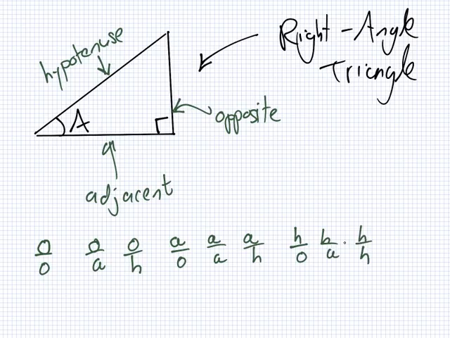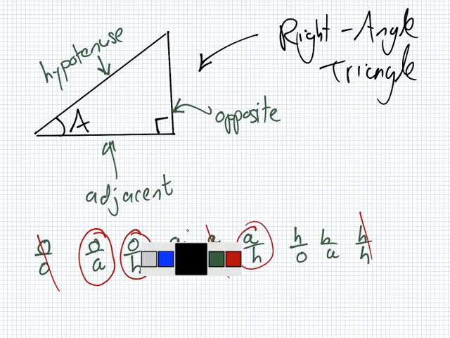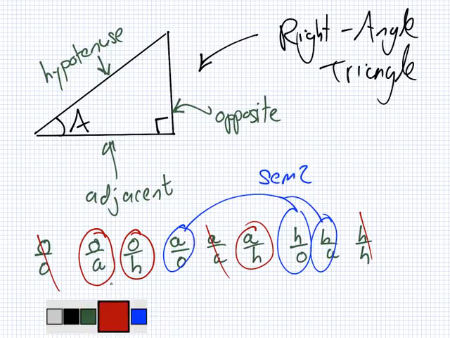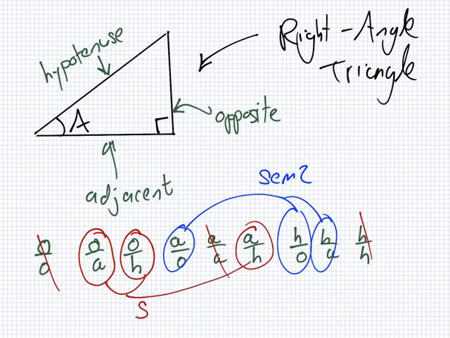Three of those are stupid. Three of them we'll look at this semester: opposite over adjacent, opposite over hypotenuse, and adjacent over hypotenuse. The other three we'll look at in semester 2.